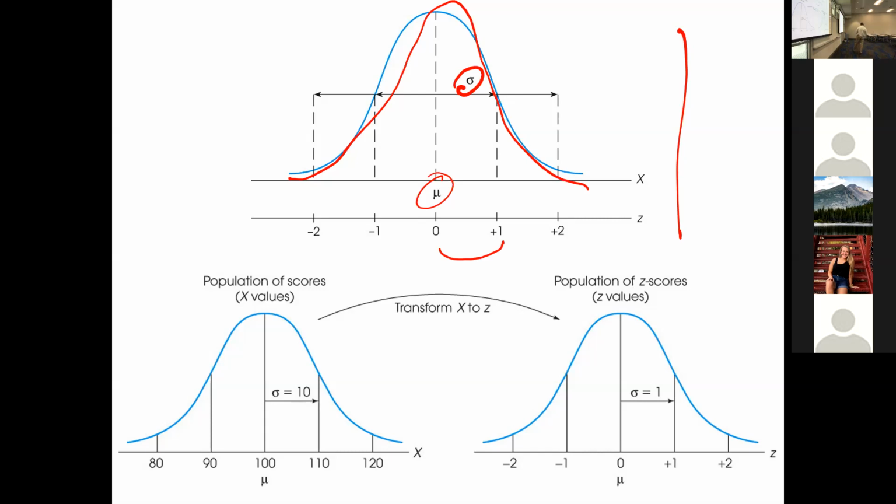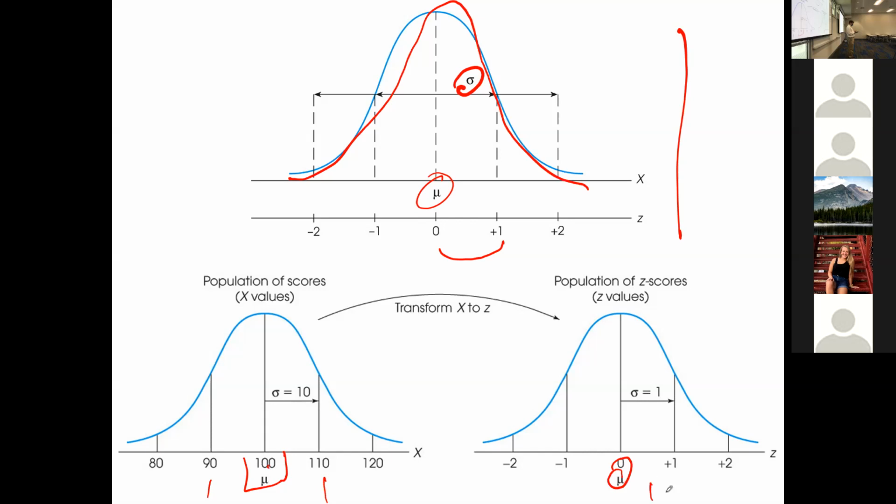So if we look at the bottom left here, let's again say we have IQ with the mean of 100, and we have a standard deviation of 10. We know that 68% of people will fall between 90 and 110. And so that's descriptive. But now we can convert all of that to the z-scores by saying 100 is now 0.